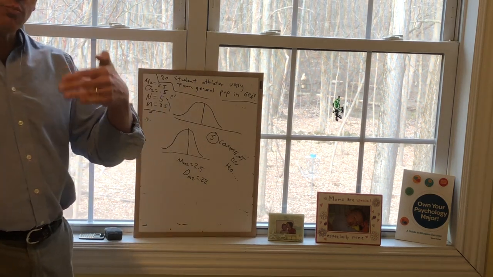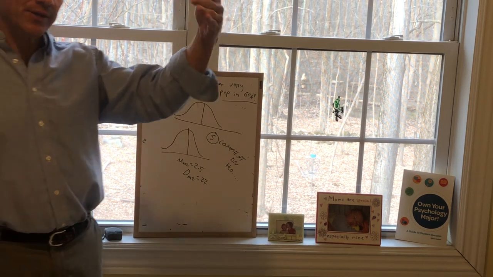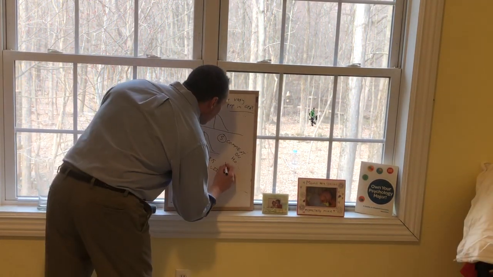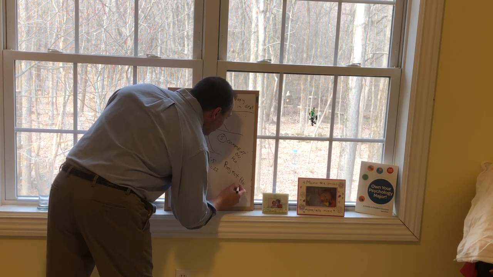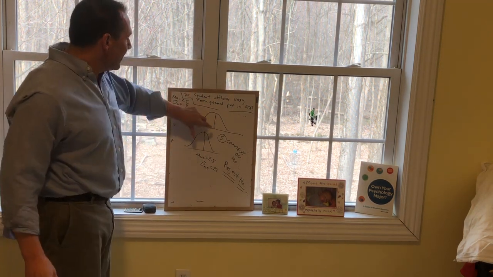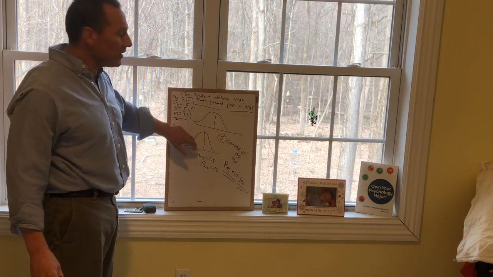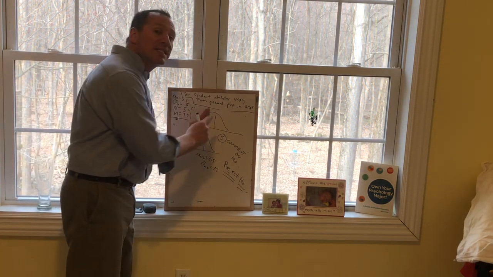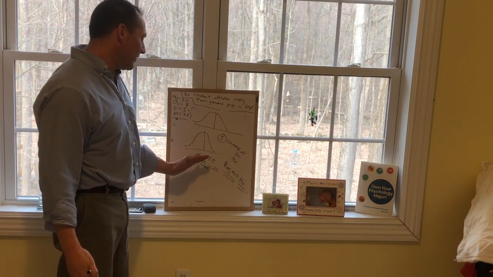Because Z obtained was more extreme than Z critical, because Z obtained of 4.55 was much greater than a Z of 1.96, we reject the null hypothesis. We reject the idea that the mean for the special population is equal to the mean for the general population. And we support this idea that the mean for the special population is different from, in this case, greater than the mean for the general population.